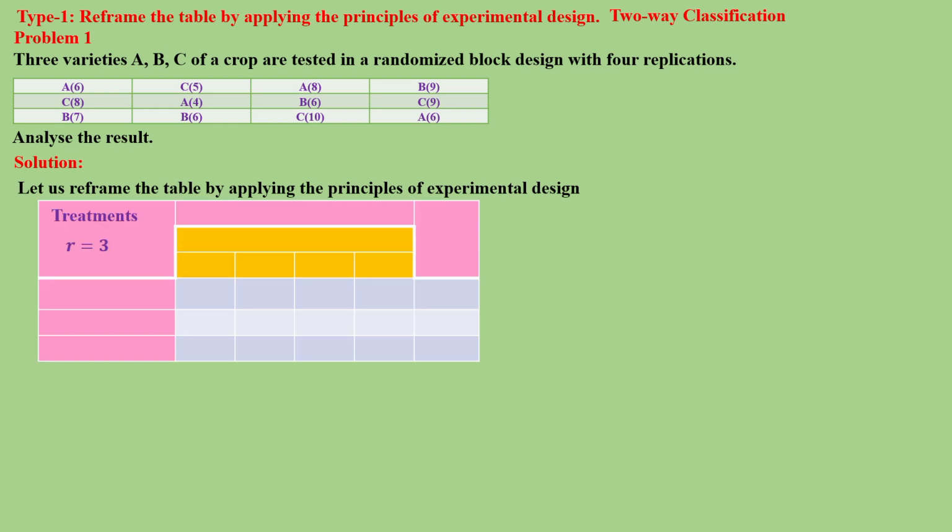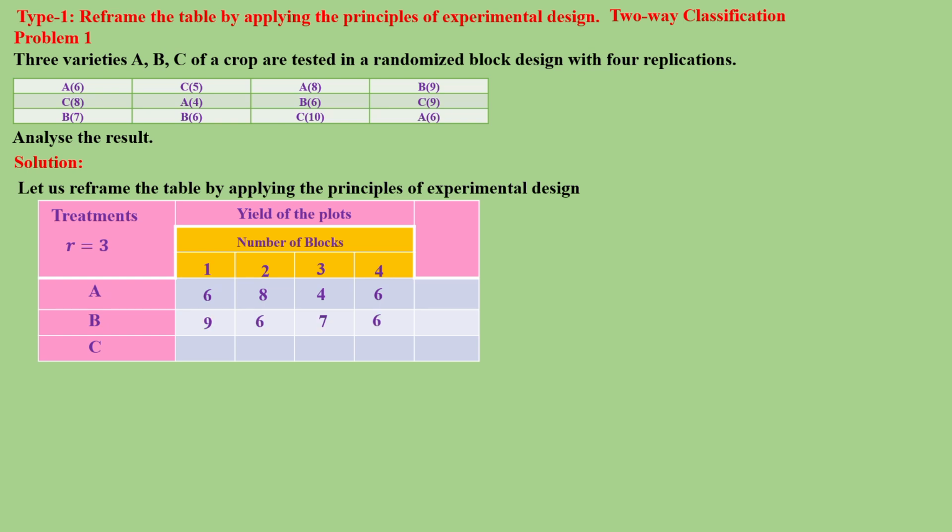So treatments, there are 3 treatments A, B, C, right? And yield, that is the number of blocks. There are 4. First A: 6, 8, then 4, then 6. Then B: 9, 6, 7, 6.